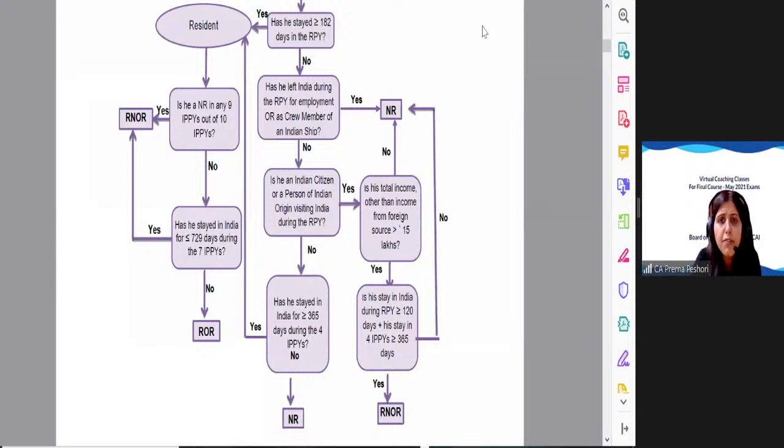I have shared the PDF already. Vyashak, you're asking about an Indian citizen having income exceeding 15 lakh: we do not have to check the additional condition.